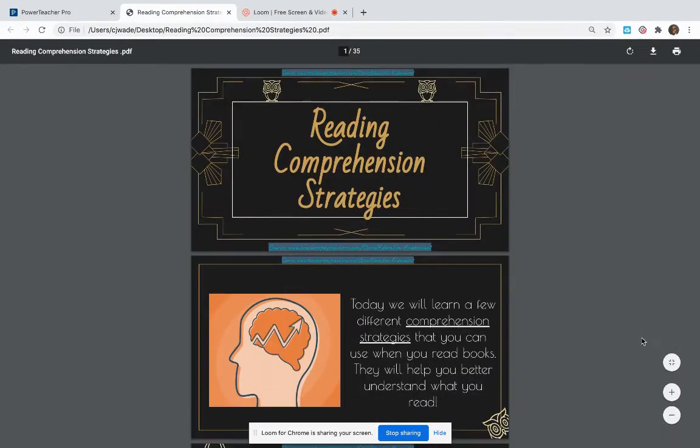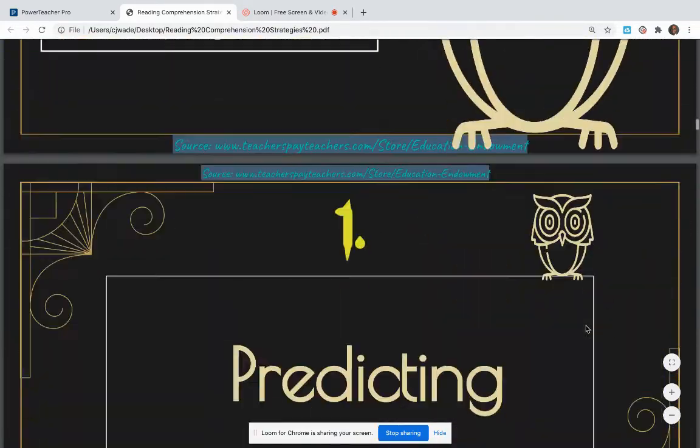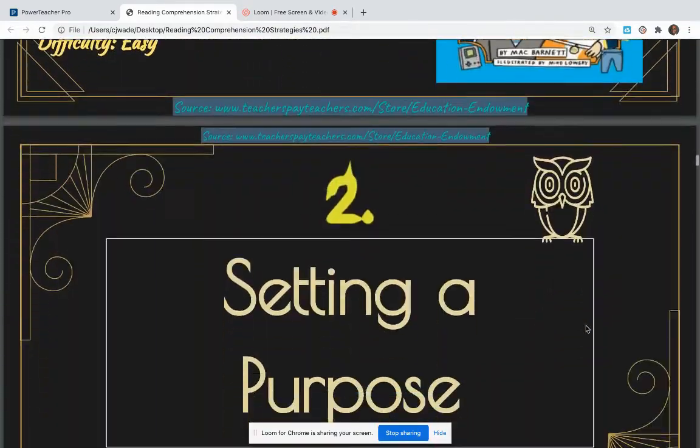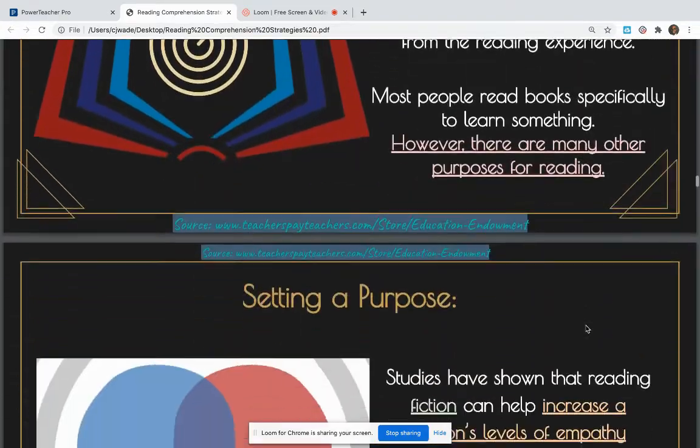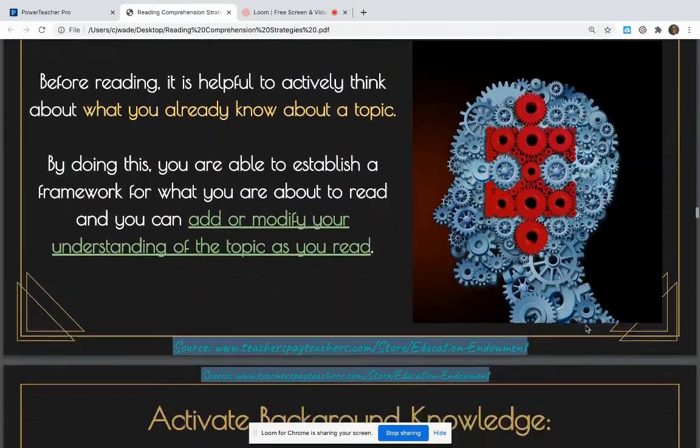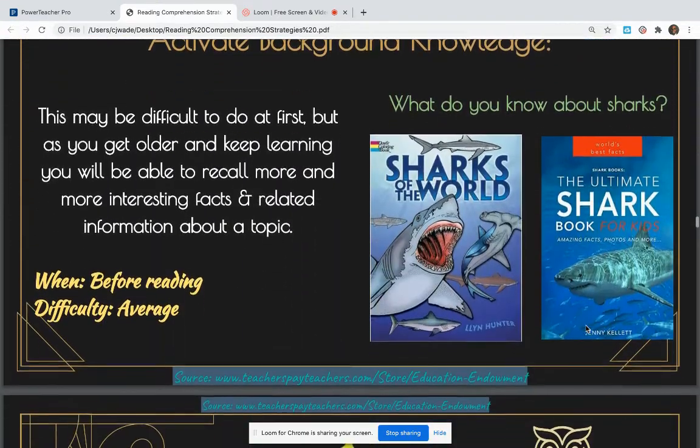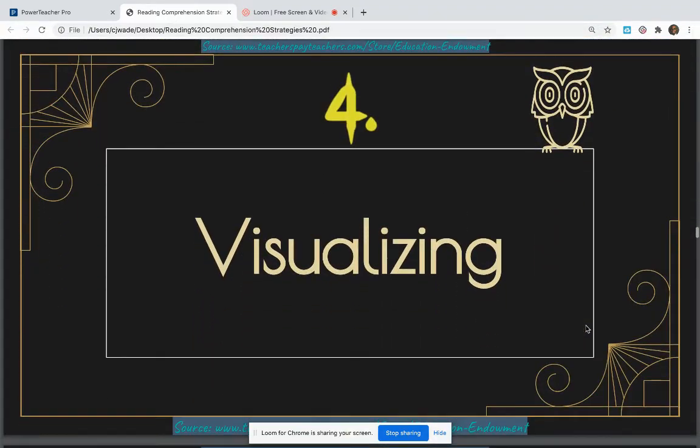So, moving over to our PowerPoint, I'm going to scroll through. Last week, we learned about predicting, setting a purpose, and activating our background knowledge, talking about what we already know.